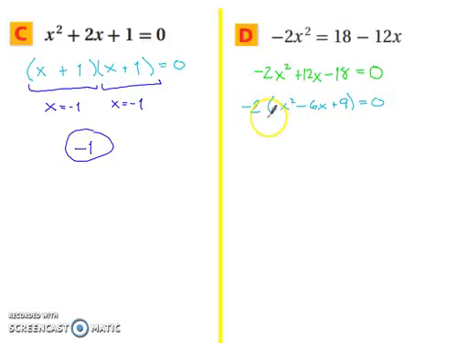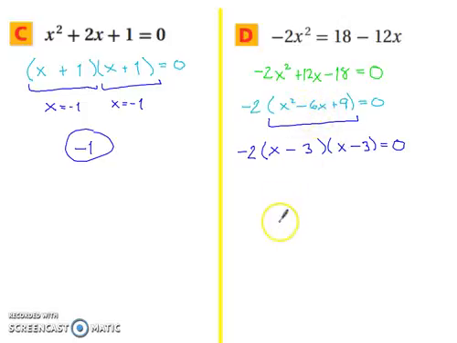And now we can simply factor our trinomial right here. So we rewrite the negative 2 out in front, and now we're going to factor. We want two numbers that are going to multiply to give us 9, but add to give us negative 6. Well, if we multiply negative 3 and negative 3, we're going to end up with a positive 9, but if we add two negatives together, they're just going to become more negative, and that would be negative 6.